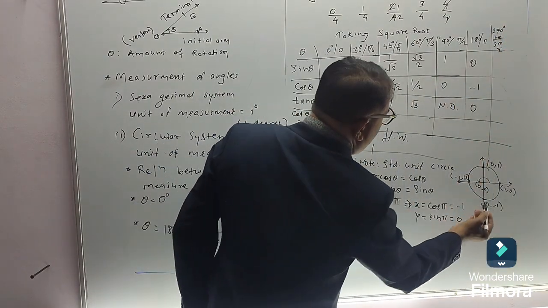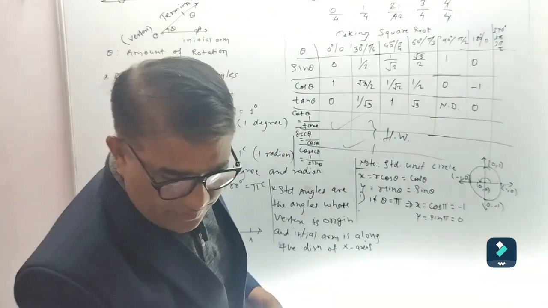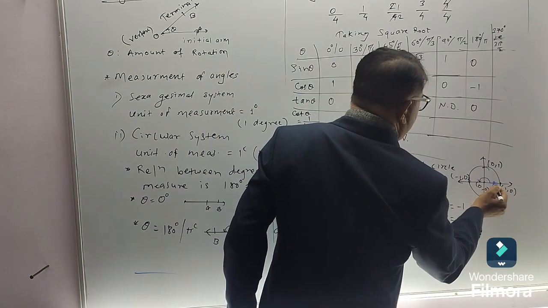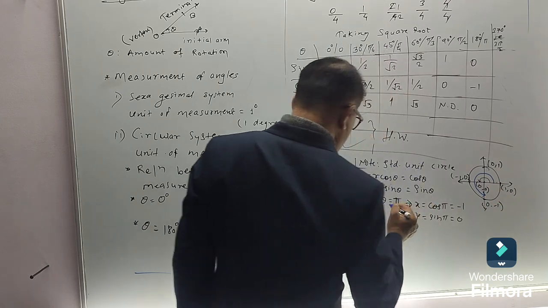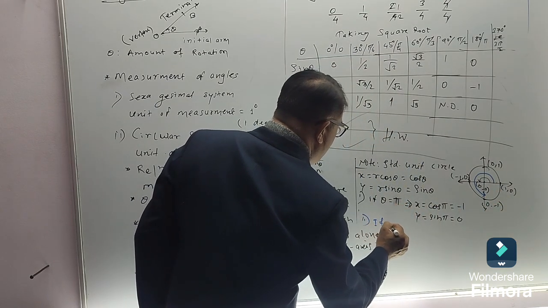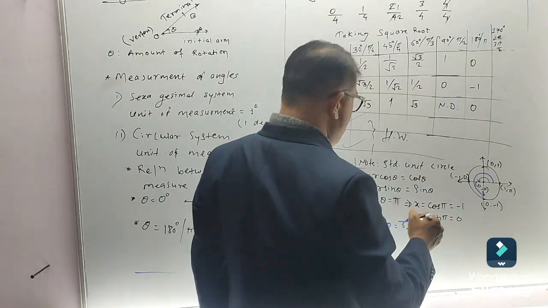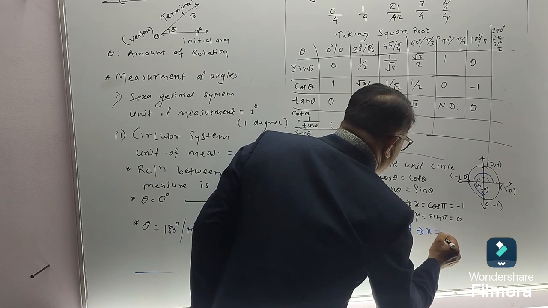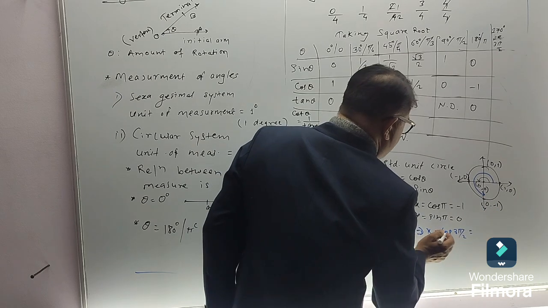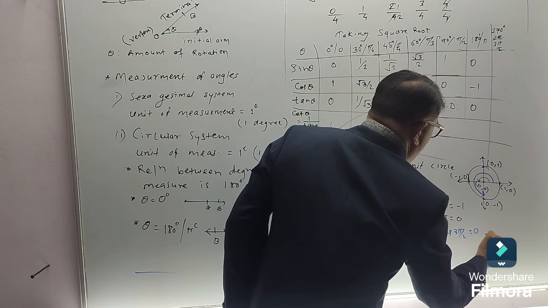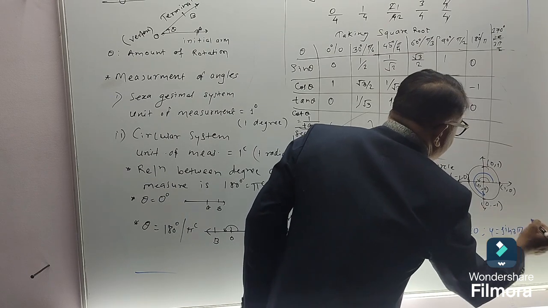If theta is 3 pi by 2, I have to come here. I am showing this by blue pen for theta. This is 270 degrees. If theta is 3 pi by 2, that is 270 degrees, then x is cos 3 pi by 2, which is 0, and y is sin 3 pi by 2, which is minus 1.